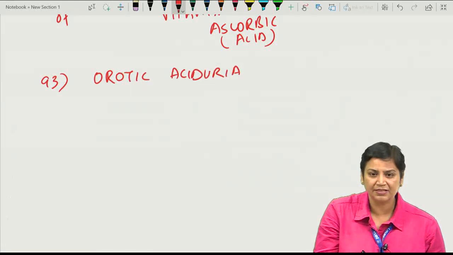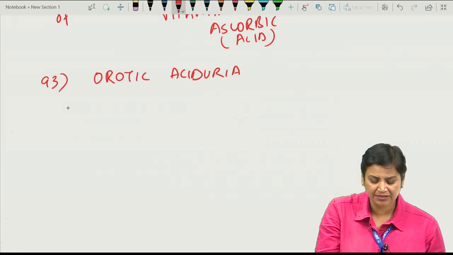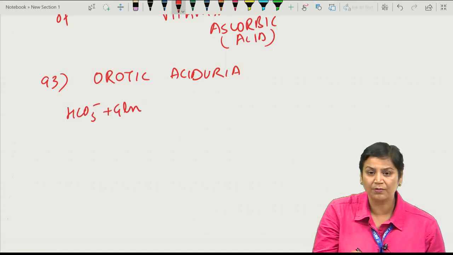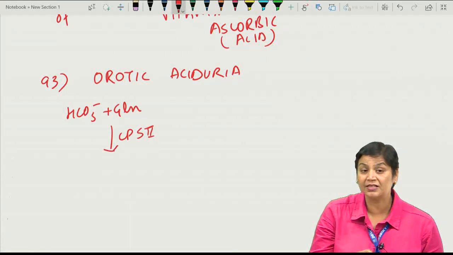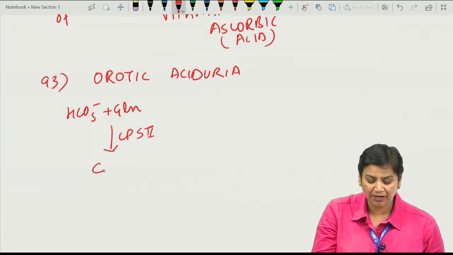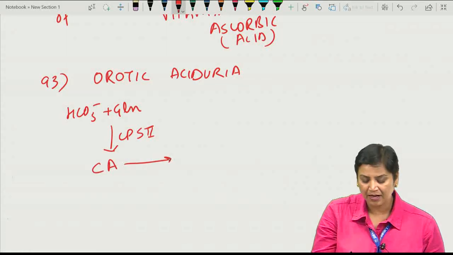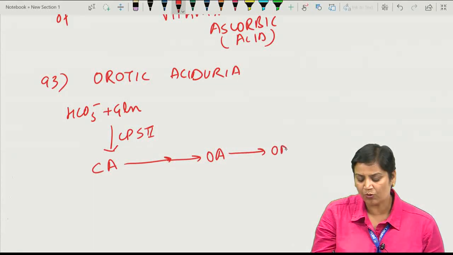Basically what happens is, in pyrimidine synthesis, this is a very important reaction. Carbon dioxide combines in the presence of glutamine. The enzyme is CPS2, carbamoyl phosphate synthase 2, which is a cytosolic enzyme, forming carbamoyl aspartate and finally forming this orotic acid. This orotic acid will form OMP and this OMP will form UMP.